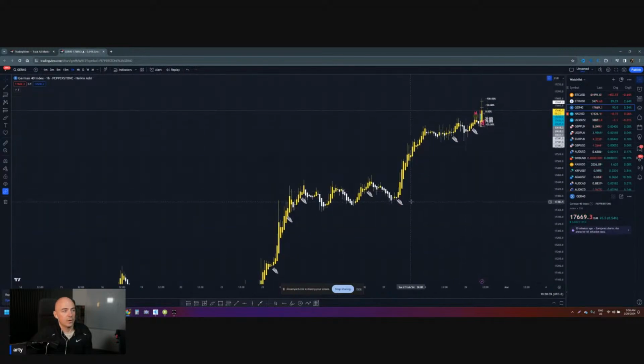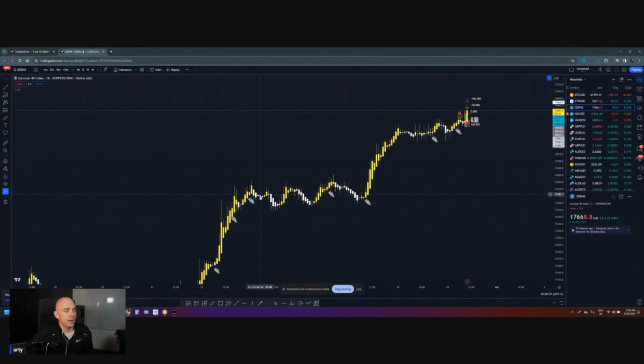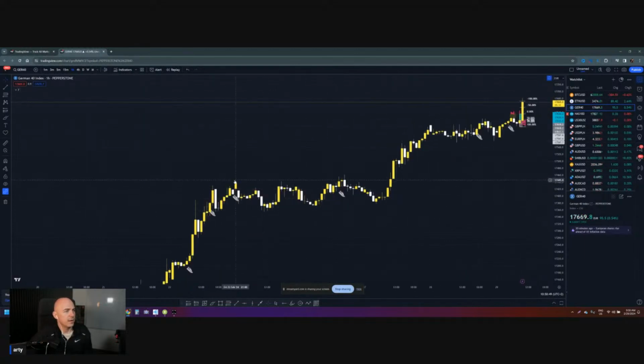For a, so this is a wick, so it didn't break the previous high. This one closed above. Did it? Hold on. Normal candles, right? Previous high point, candle closed above. So this is the move that broke previous structure.